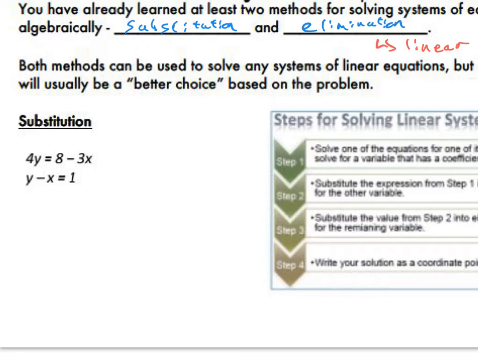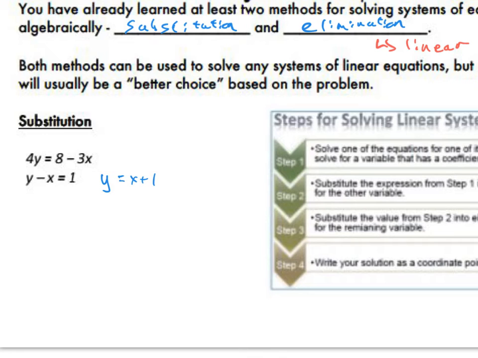In substitution, what you want to do is get a variable all by itself, and probably the easiest way to do that in this particular problem is to get the y by itself. So y is equal to x plus 1. All right, so that means that the y is all by itself.